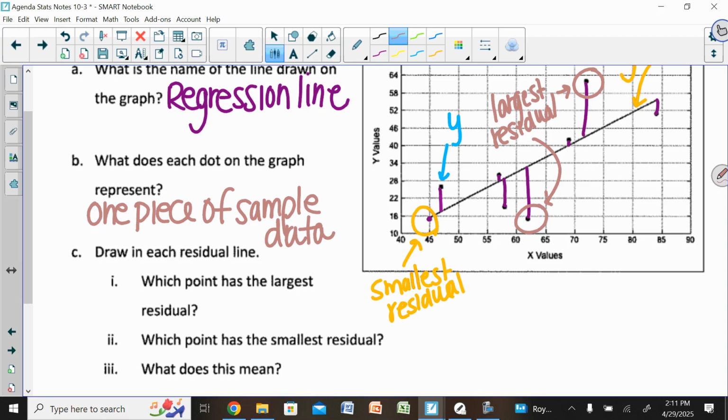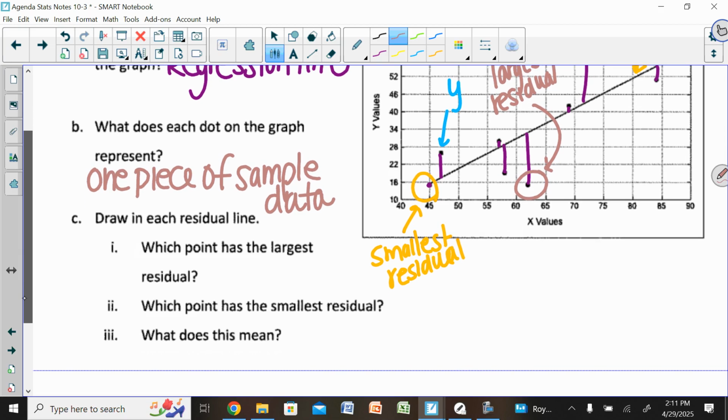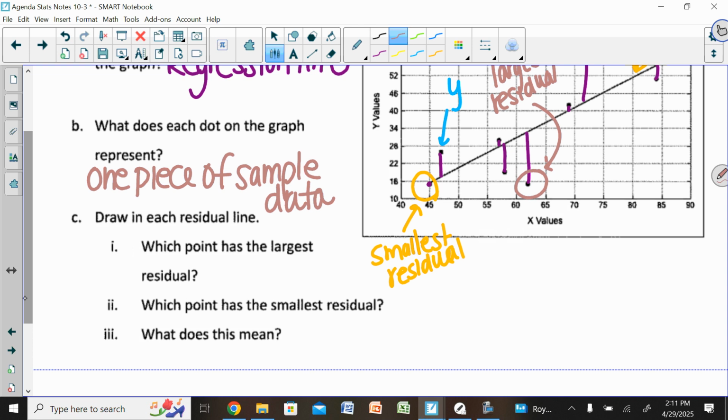So what does this mean? I said the largest residuals were maybe 62,15 and 72,52 probably. My smallest residual, it's like over 45 and 15 maybe for my ordered pair. What does this mean?